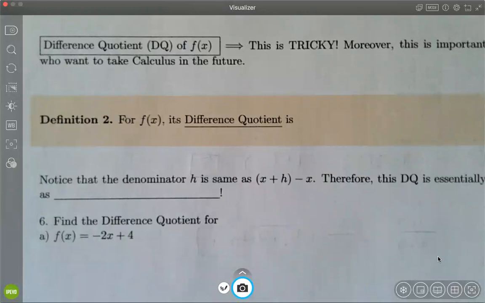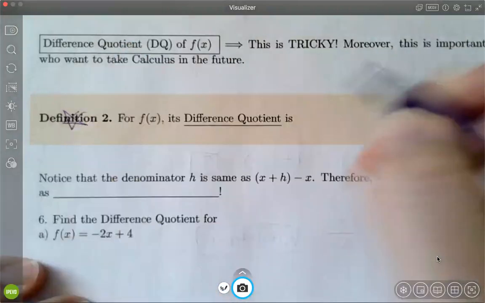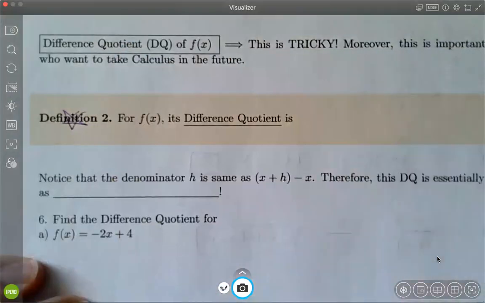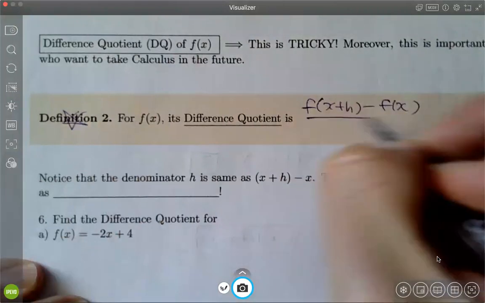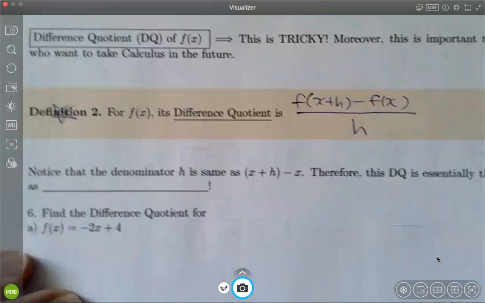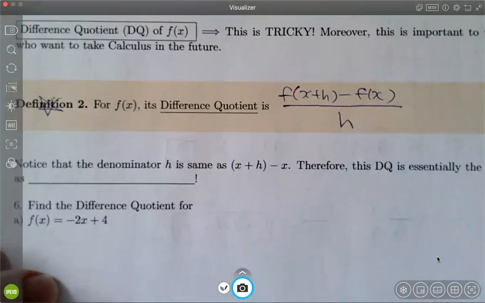You don't know? Maybe? Maybe not? Okay. If you have to take calculus in the future, you will see this once again. But what does difference quotient mean, first of all? The difference quotient is f of x plus h minus f of x all over h. Rather a kind of weird looking quotient.